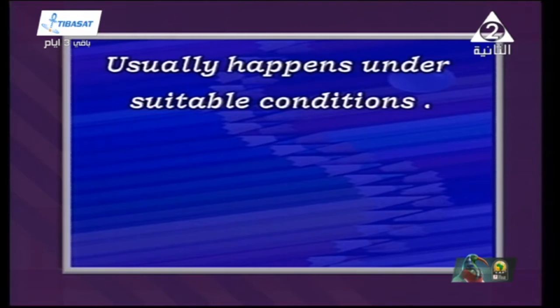What does that mean? Most living organisms reproduce in two different ways. Under harsh environmental conditions, they can reproduce asexually, and when the environmental conditions are favorable, they reproduce sexually, and so on. So it doesn't happen under just any conditions in the environment.